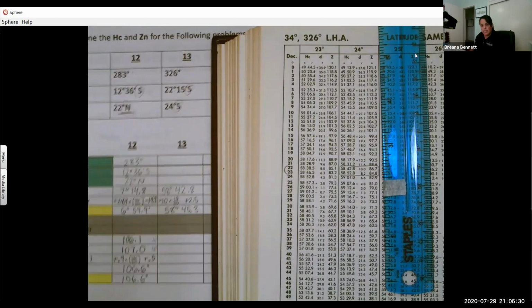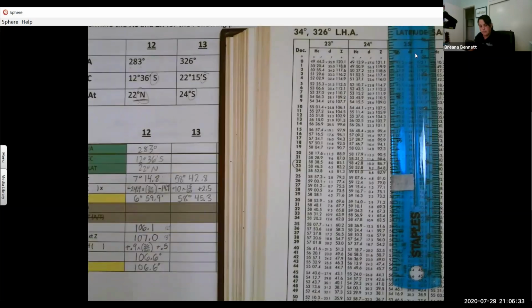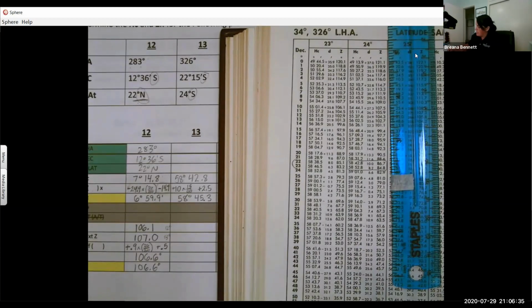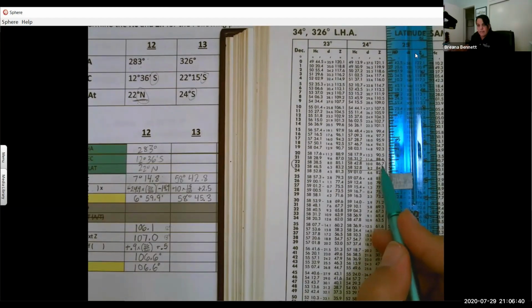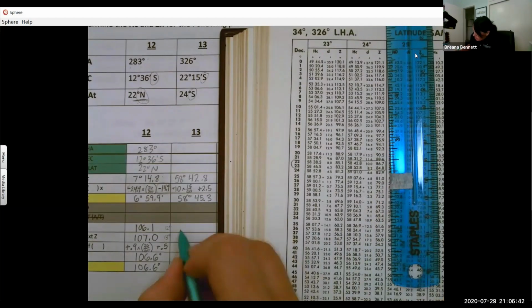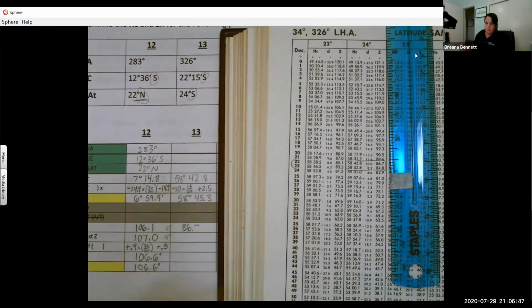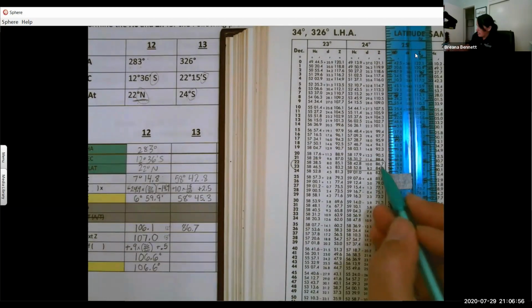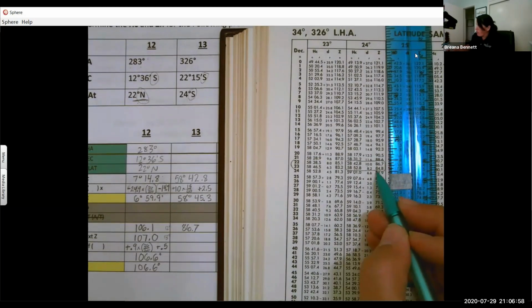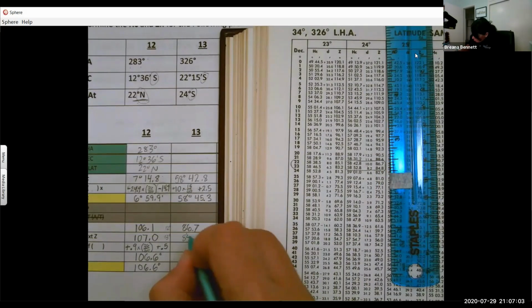Okay, now for my Z and Zn. My Z here was 86.7. I'm going to put 86.7. My next Z is 84.8.